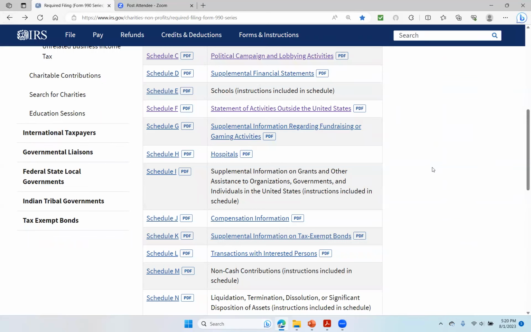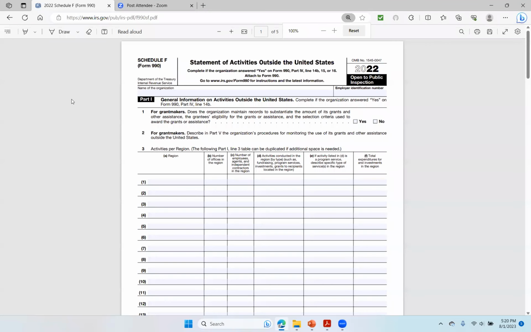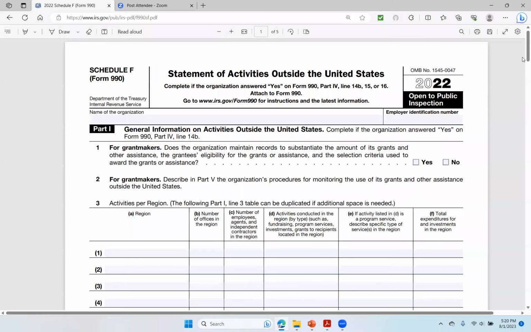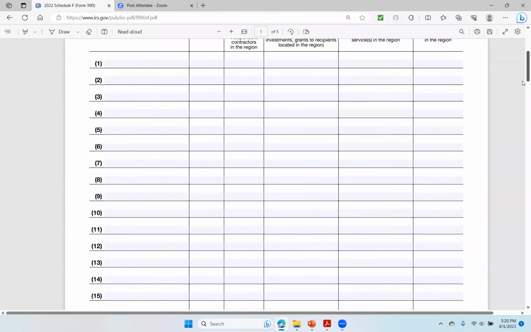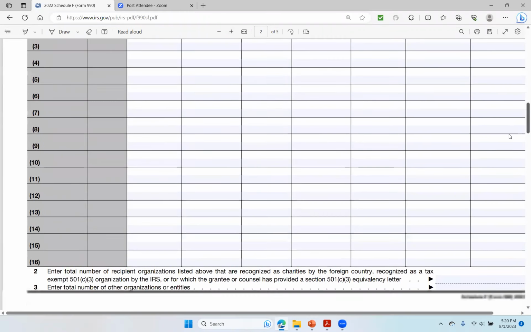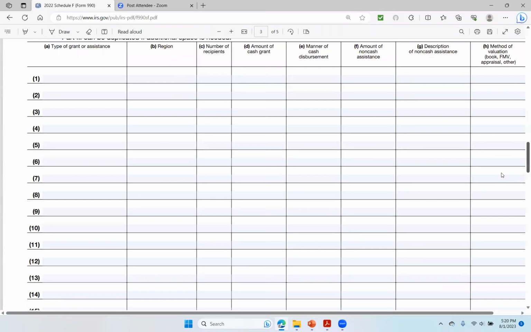The next schedule that I thought they should have completed was a Schedule F, Statement of Activities Outside the United States. So I'm going to click on Schedule F so that you can see what it looks like. And like I said, they all look different because they are asking for different information. So this is what they should have completed to document how they were operating outside of the United States.